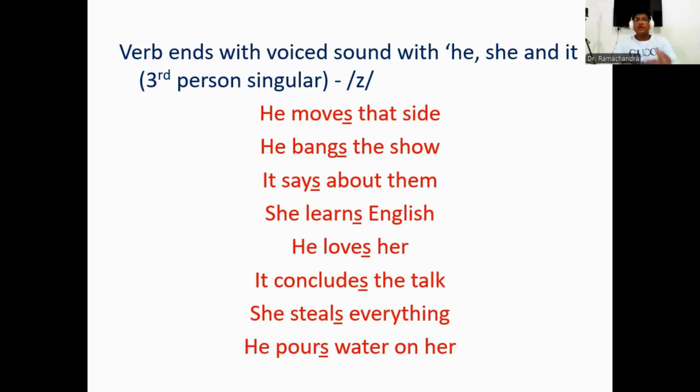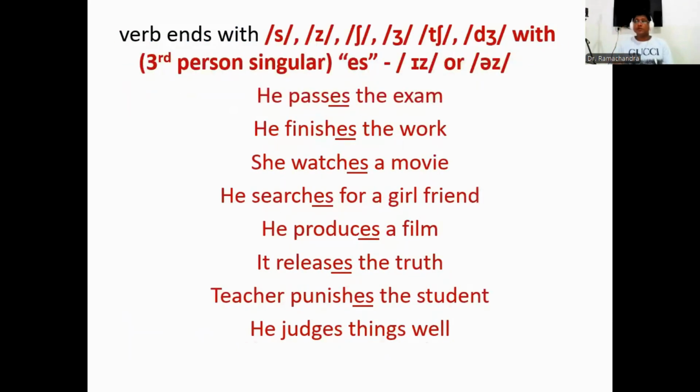So like this, find a verb in the sentence with third person singular, and that s becomes s or z. But the same rule applies here, and this one is different: if the verb ends with s, z, sh, zh, ch, j, it becomes iz, but not s.